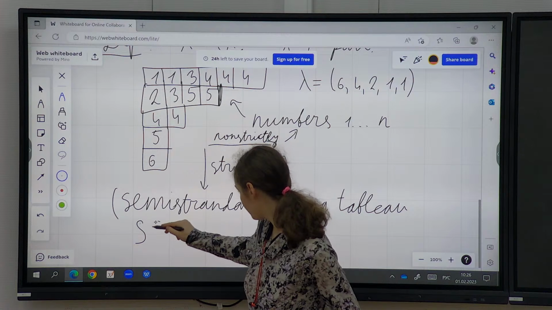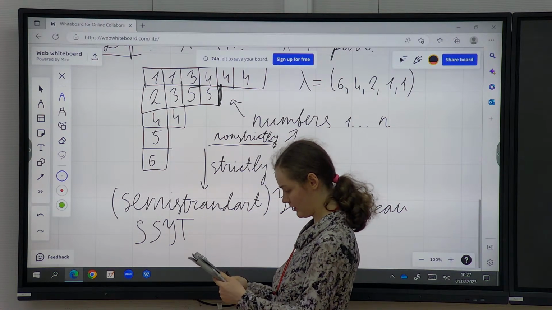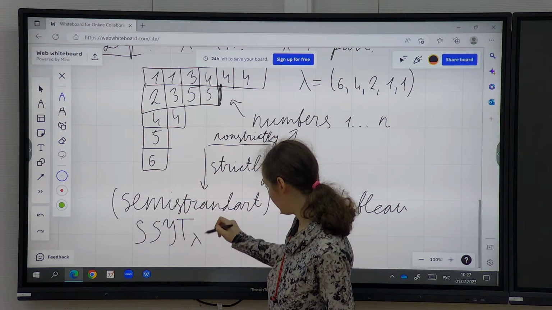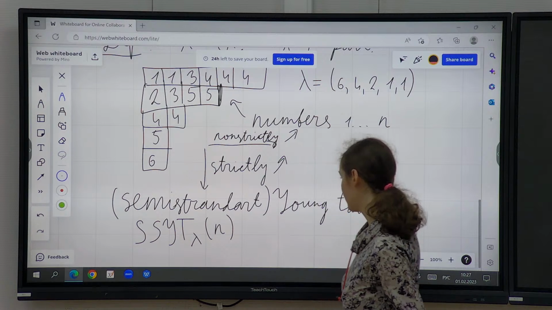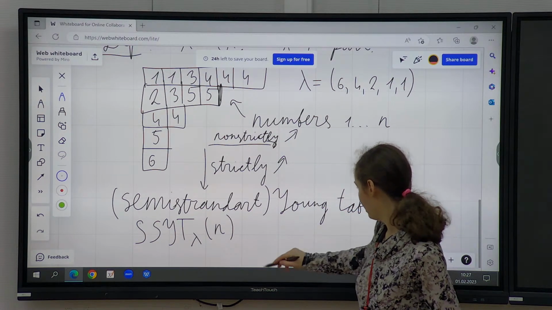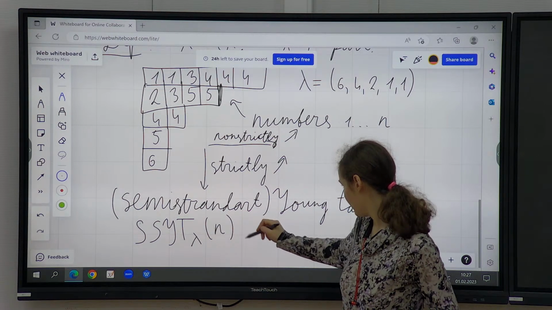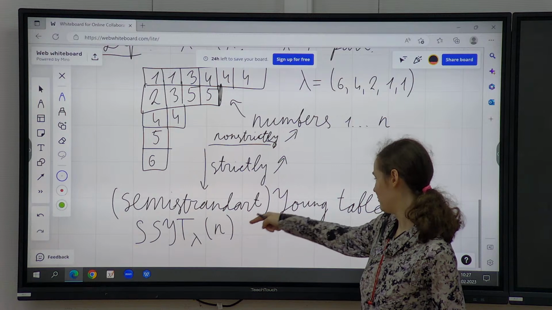So the set of all these tableaux of shape lambda filled with numbers that do not exceed n is denoted like this: SSYT, semi-standard Young tableaux.